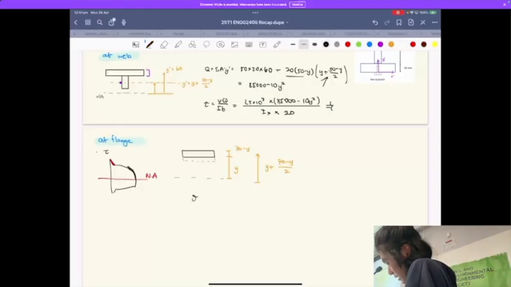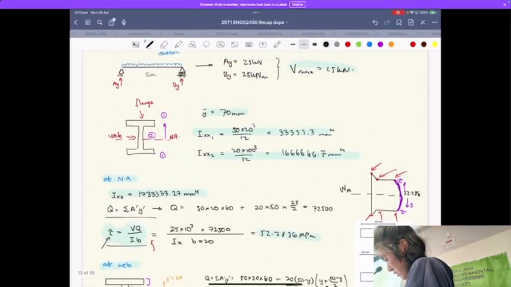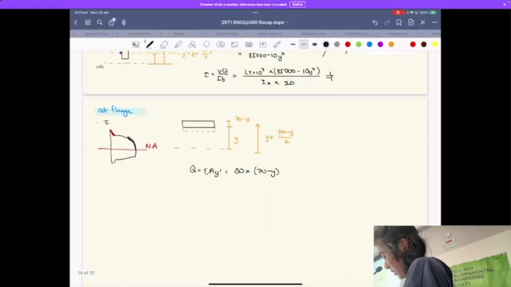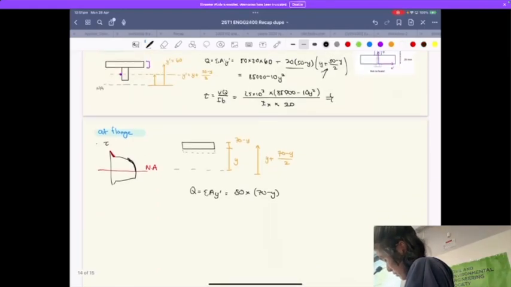And just by doing the same thing, you get the area, which is 50 times (70 minus y), times the distance, y plus (70 minus y) on 2.